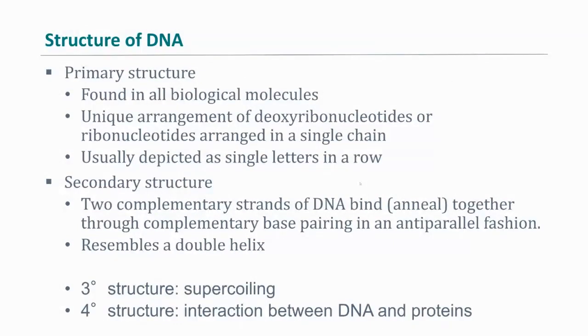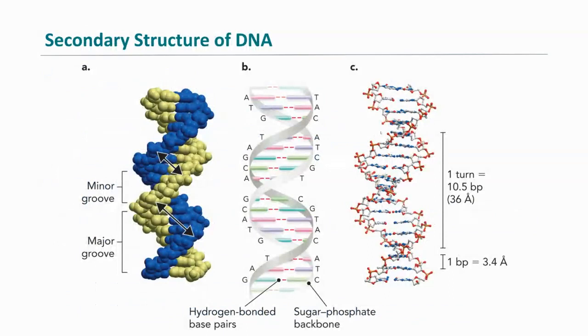They are held together because they have complementary base pairing in an anti-parallel fashion. So that's the double-stranded DNA, the secondary structure. And then the tertiary structure, that's a supercoil that we will discuss later. And also there is a fourth degree of structure, the interaction between the DNA and the proteins. So these are the different levels of the DNA structure.